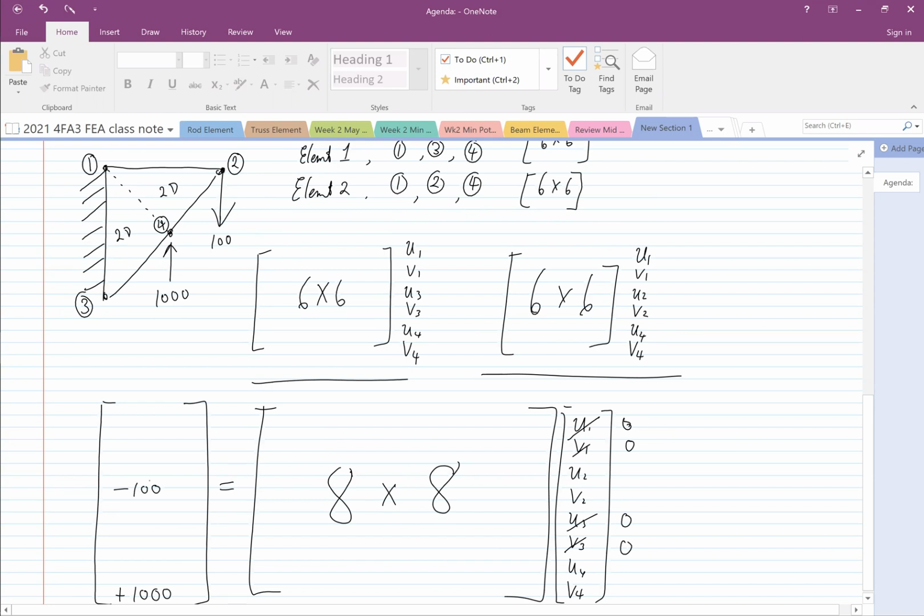Okay, and the rest of it is okay. The F1x, F1y, and then U2 is 0. Okay, there's no force acting on it, right? U3 and V3 will be some reaction force.